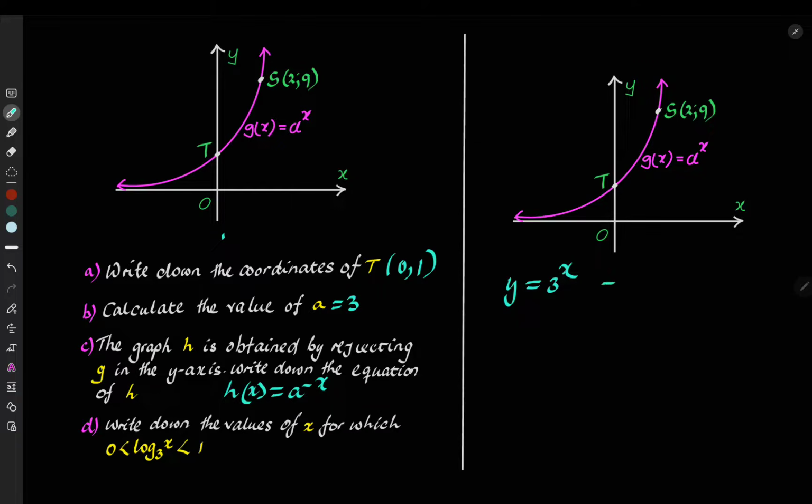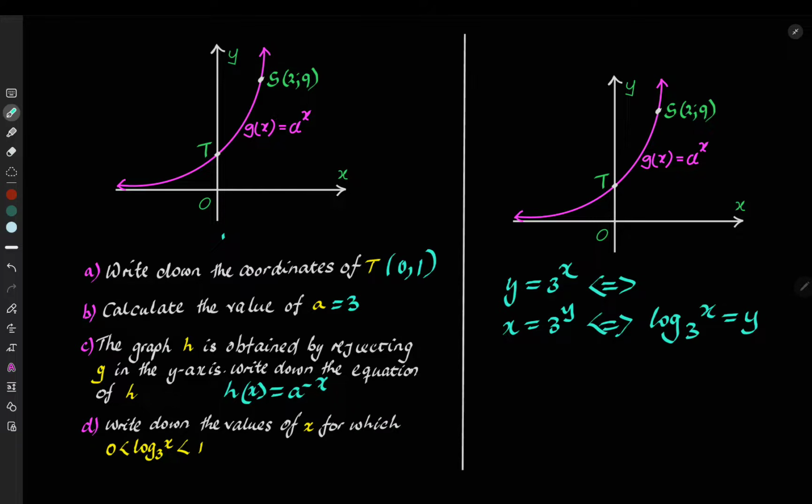Remember, this can be rewritten in the logarithmic form. So we can swap around before we do the inverse. That will be x is equal to 3 to the power of y. And this can be changed with the logarithm to get the inverse. So that will be log base 3 of x is equal to y. So that's where the log 3x is coming from.